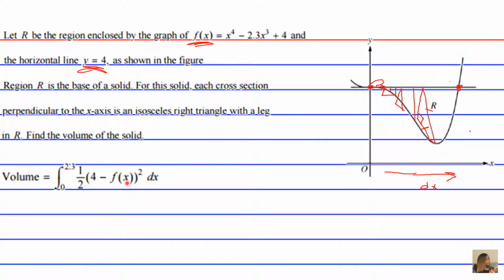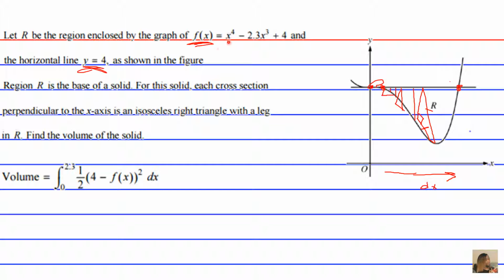Because the limit of the height runs from here to there, and here we have f of x. If we multiply that by each other twice, it's going to become a square. So that's why this is squared instead of writing out the base times the height twice. And then we have our depth, because we're not finding area, we're finding volume. So we need a third dimension, and that's going to be dx.